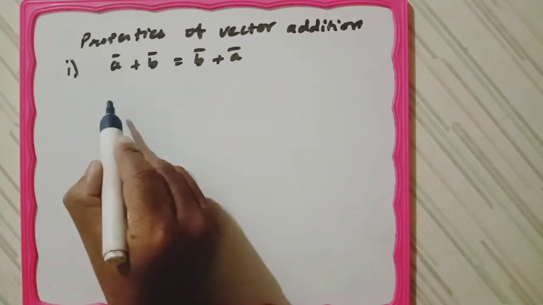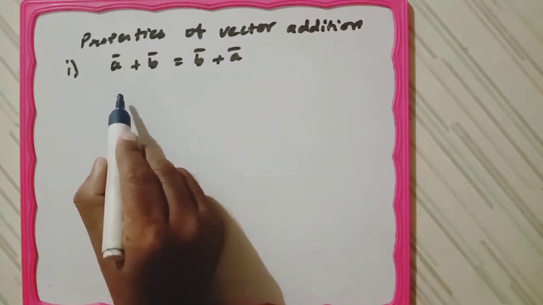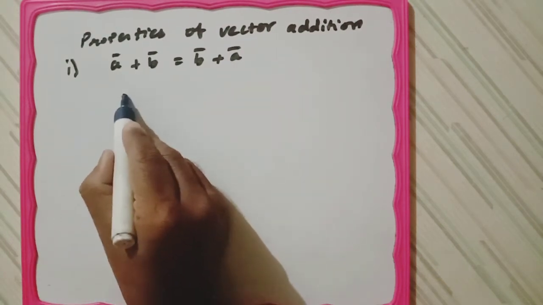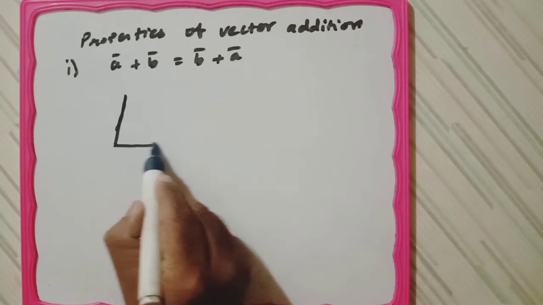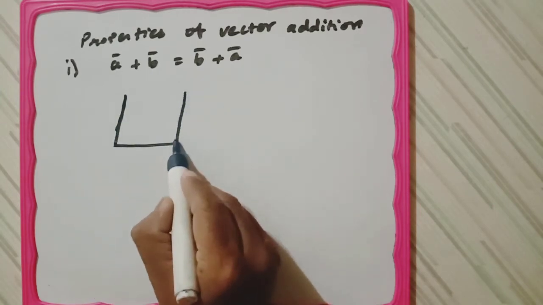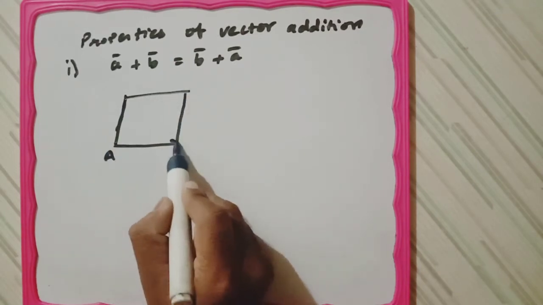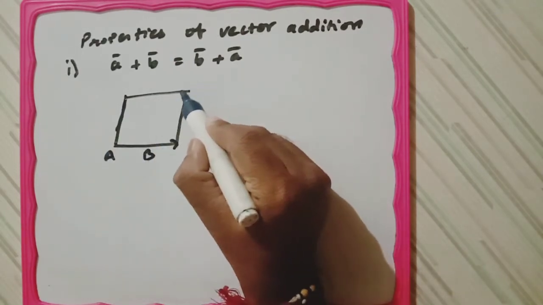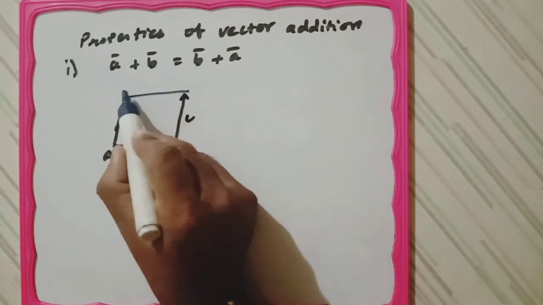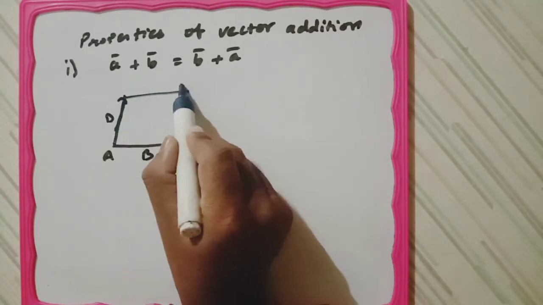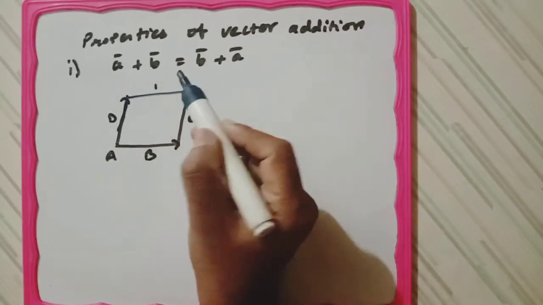We take a parallelogram ABCD with the vectors AB, BC, AD and CD.